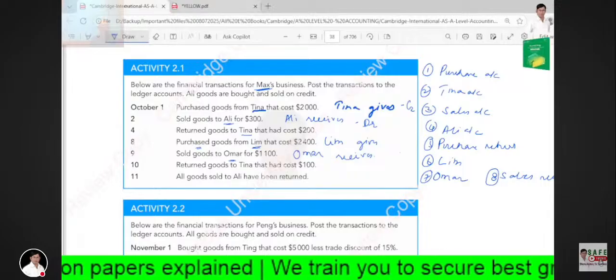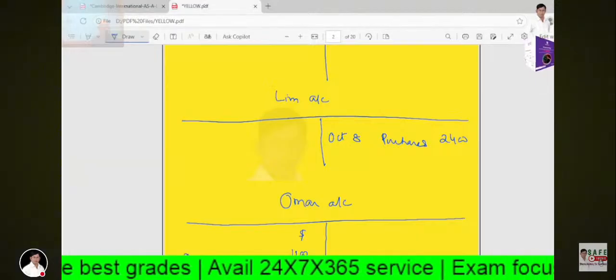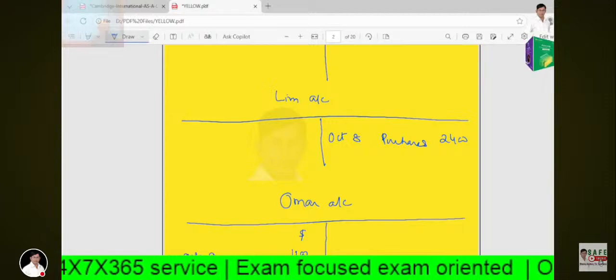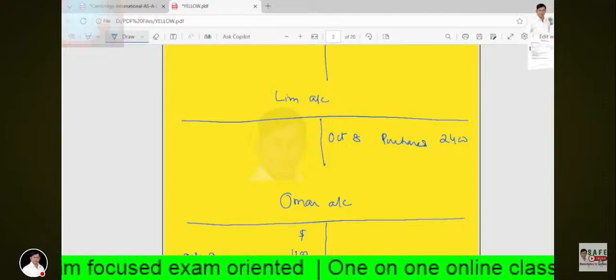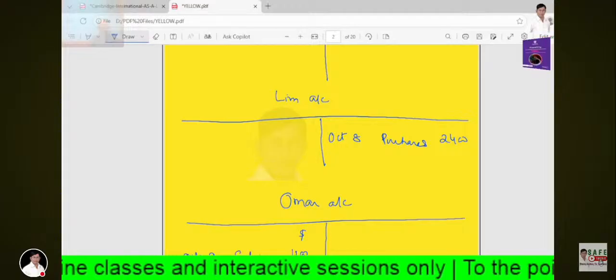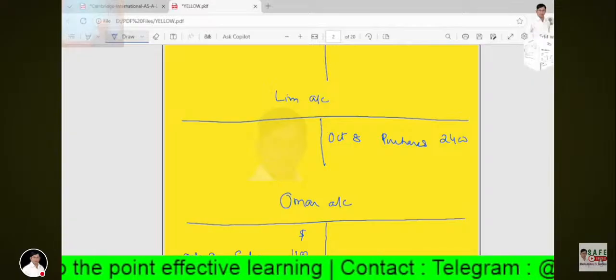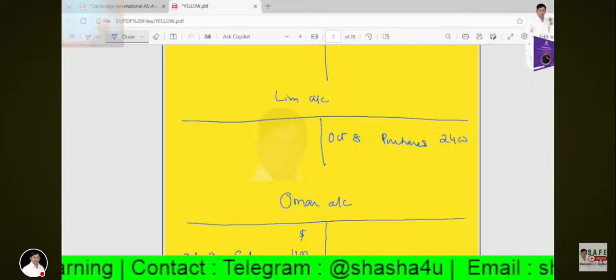October 9th. 1100. The Homer account is debited. Why? Because we have sold to him. Homer account is debited with sales 1100.